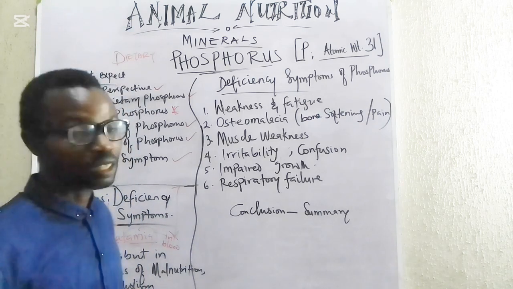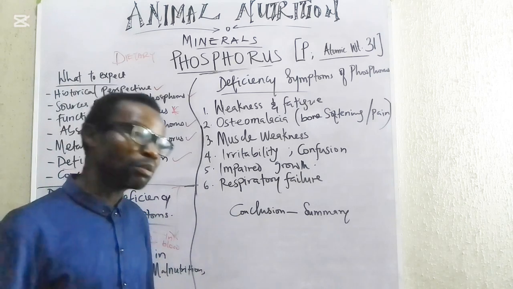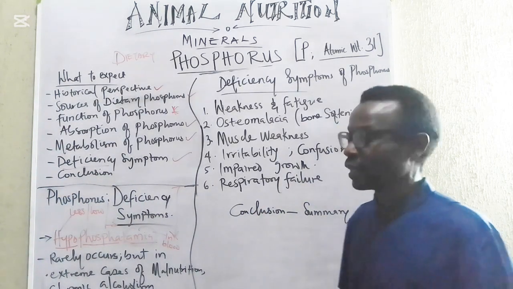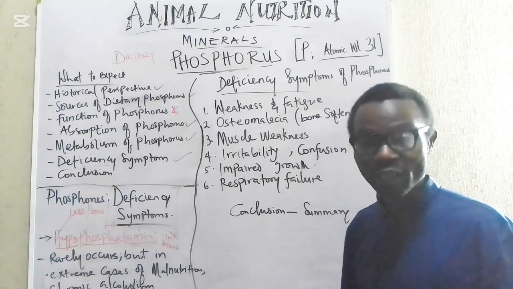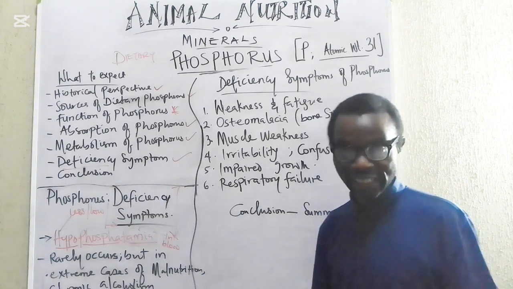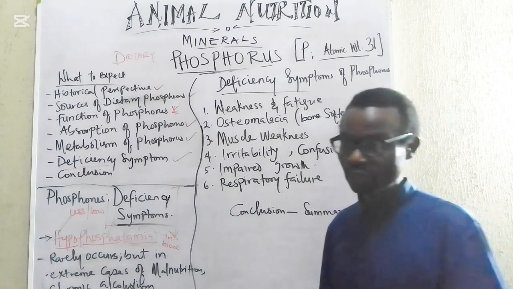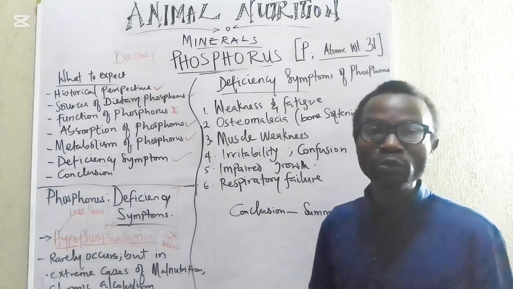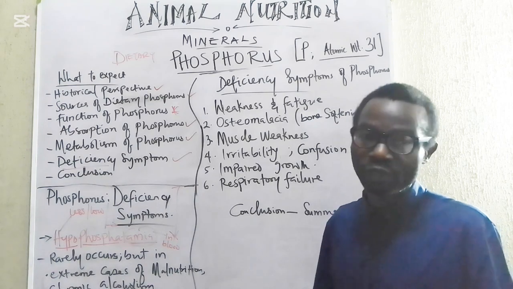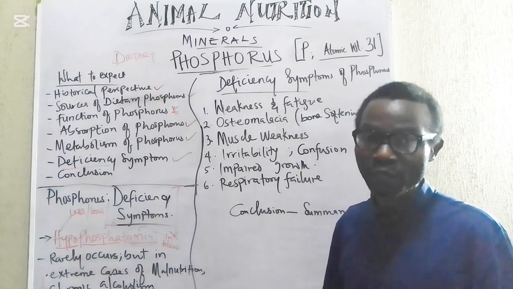Then there's also impaired growth, absolutely, because phosphorus is a major component of the bones. Phosphorus along with calcium helps form good and healthy bones and teeth, or beak for birds. If you don't have sufficient amounts, you will not see bone growing properly, so growth will be impaired.